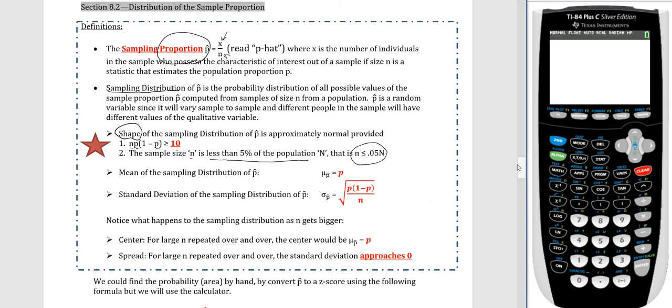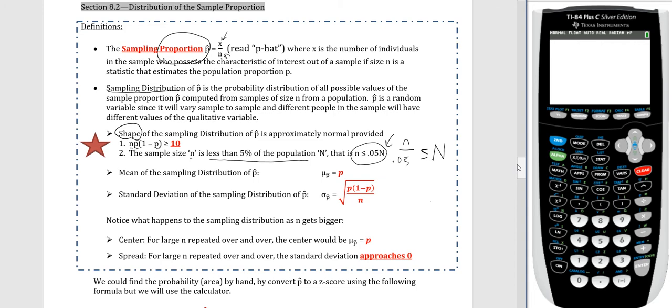Or you can also calculate this right here, move over 0.05 by dividing it, and say that n divided by 0.05 is less than or equal to capital N. If we calculate what little n, my sample size, over 0.05 is, I should be able to say that that number is less than what the population is. So there's a couple different ways to calculate that, and I'll address that when an example comes up for it.